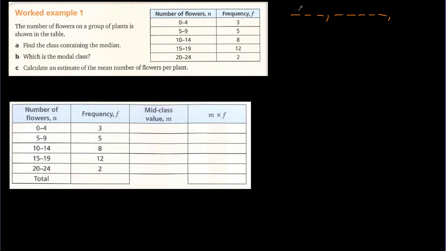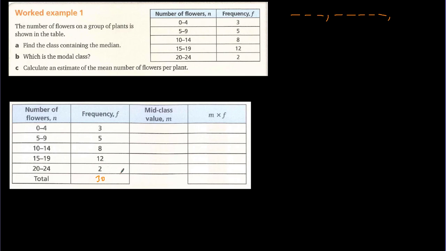Imagine that I'm writing the numbers; the exact numbers we don't know. So 3 plus 5 is equal to 8, plus 8 is equal to 16, plus 14, that means there are 30 plants in total.